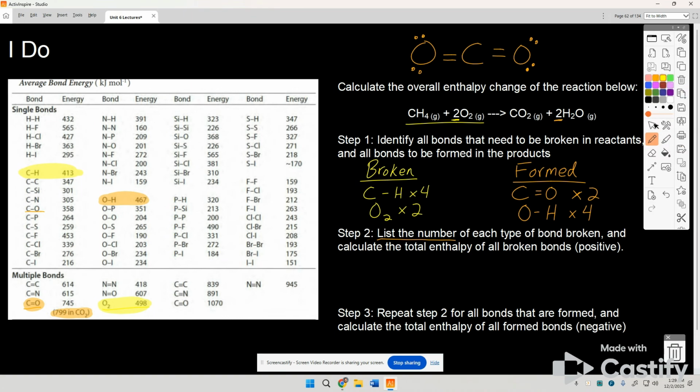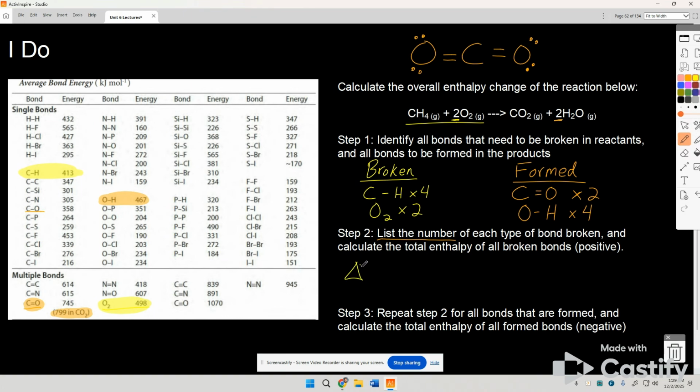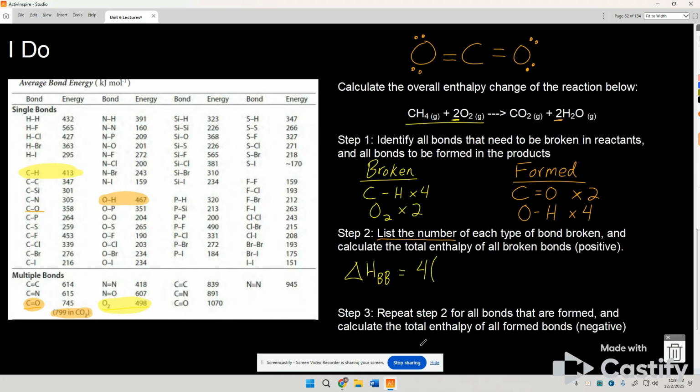Now, let's calculate the total enthalpy of all of the broken bonds. So, for our delta H of the bonds broken, I have 4 of the CH bonds being broken, which is 413 kilojoules per mole, plus 2 of the O2 bond there, which was the 498 kilojoules per mole.